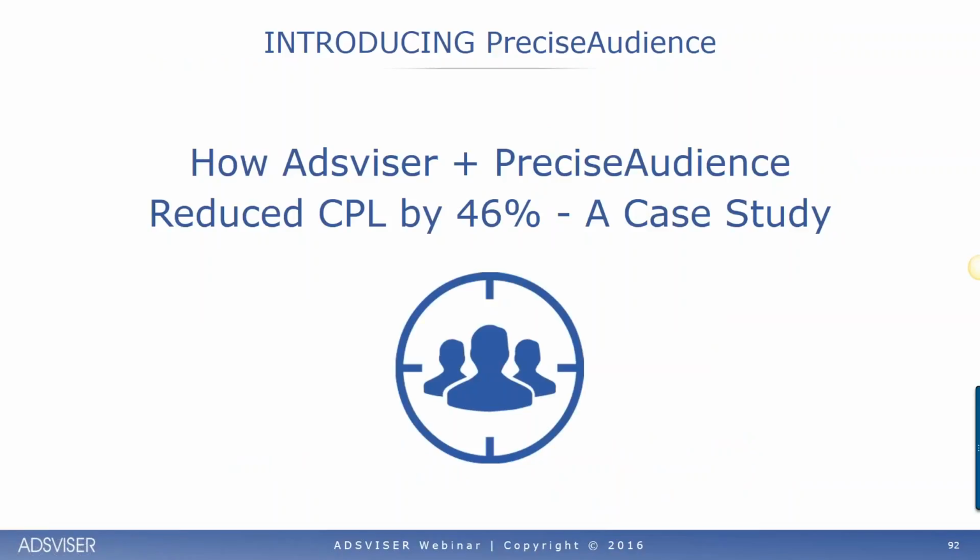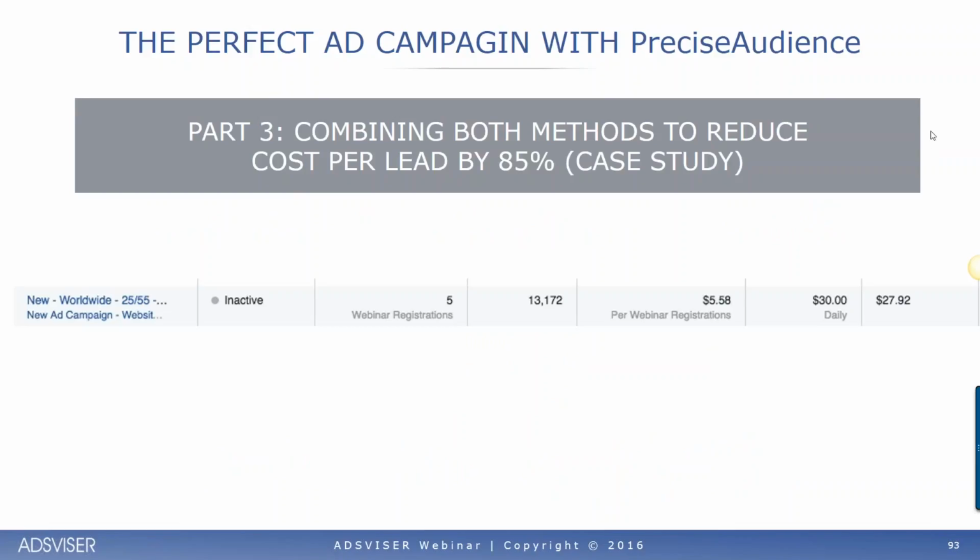I'm going to show you really quickly, in just a couple of slides. We've made some changes, and we're going to show you the cost of this tool very quickly. I just want to show you what this tool can actually do for you. We had a webinar registration page with a reach of 13,172, with that ad spend per webinar registration. We ran a basic campaign, which is about 2,000 people reached per webinar registration.